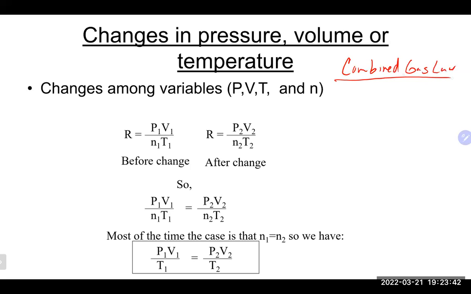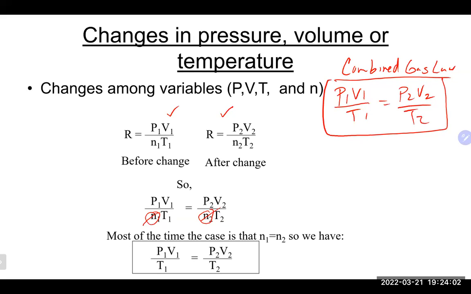Basically we get it by taking 2 ideal gas laws and putting them together. And since moles really don't change all that much if you don't open the container, we get P1 V1 over T1 is equal to P2 V2 over T2.